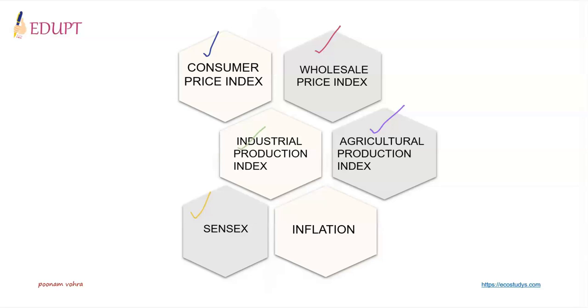And finally, it is inflation. It can be estimated through, as I explained, wholesale price index. We shall concentrate on consumer price index, on industrial production index, and finding inflation.